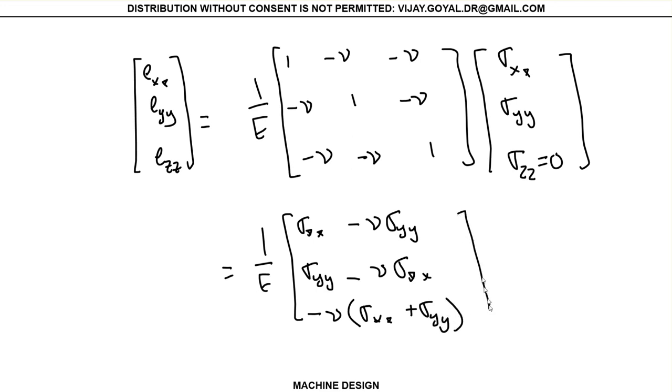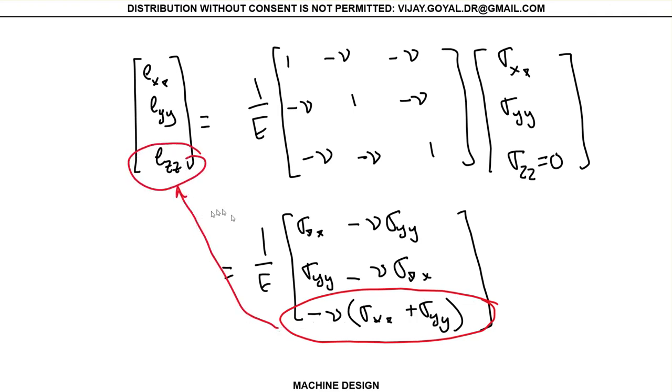And you can immediately see what's really going on here: your last term is not equal to 0, and this is what corresponds to ezz. The one responsible for making sure that this is not 0 is the Poisson's effect.